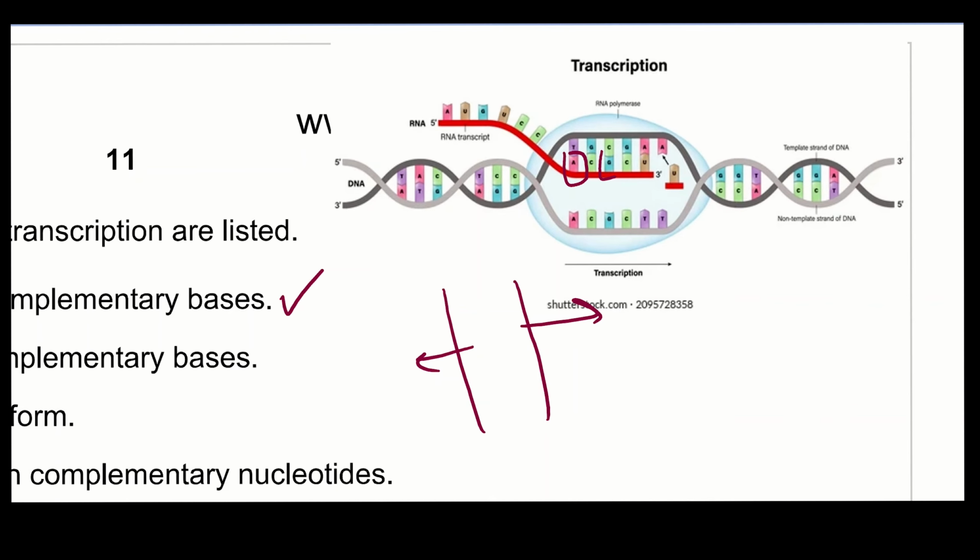When transcription is complete, the hydrogen bonds formed between the DNA and the mRNA break, so the mRNA is able to leave the nucleus. So this is correct. I hope I made it clear when it happens the first time and when it happens the second time.